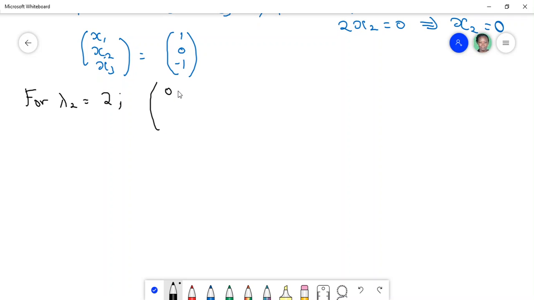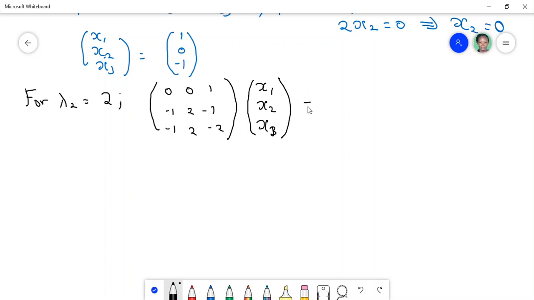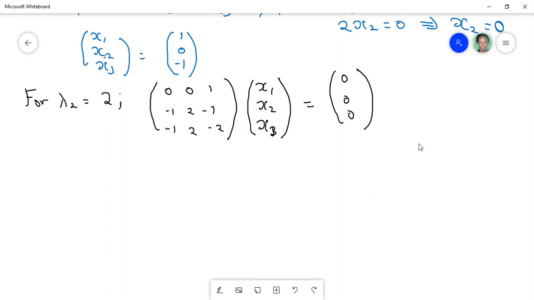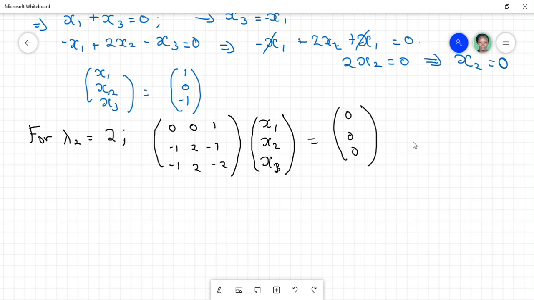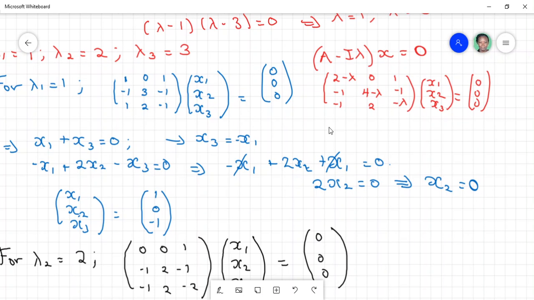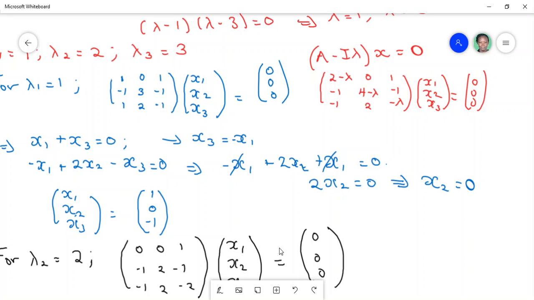We have 0, 0, 1, minus 1, 2, minus 1, and minus 1, 2, and minus 2, times our x1, x2, x3 to be equal to 0, 0, 0. We are still using this formula.